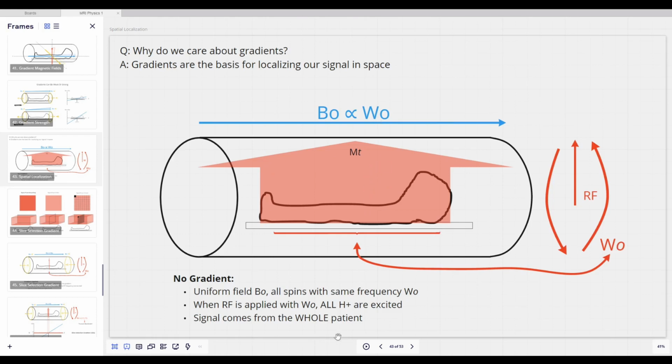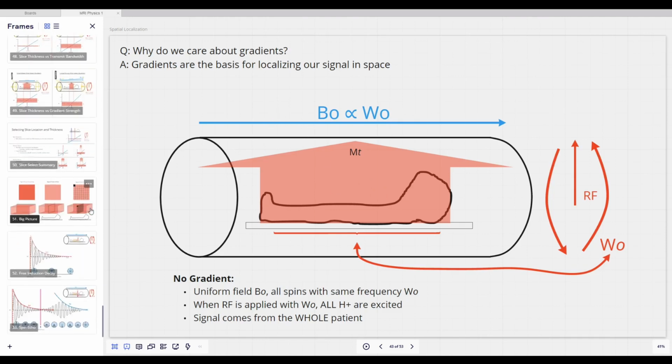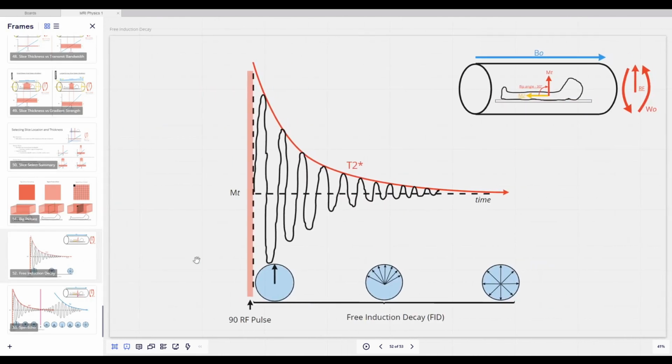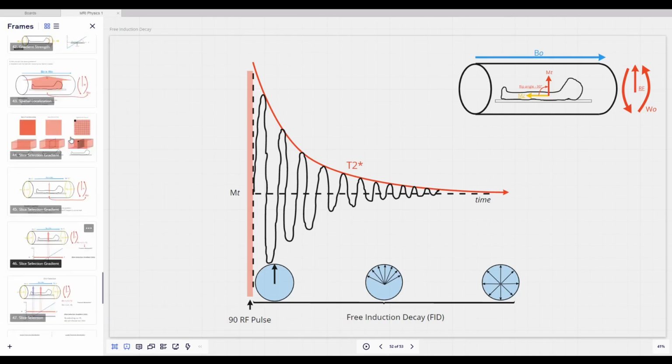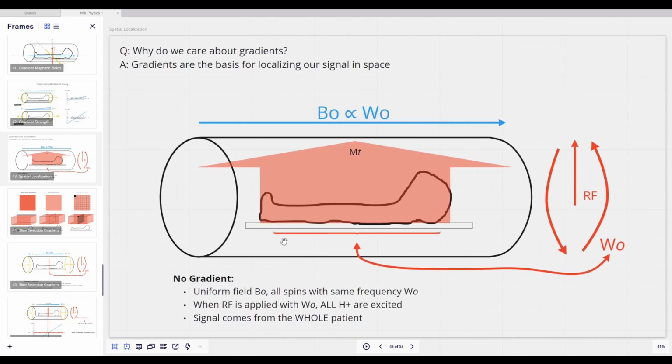Here's the problem. The signal is coming from the whole patient. When you sample signal, I'm going to skip ahead just briefly. When you sample the signal from this patient, it looks like this. And actually, if you sample the signal from the whole patient, it's going to look like an extraordinarily messy version of this. So you have no idea at this point how to tell where signal is coming from.